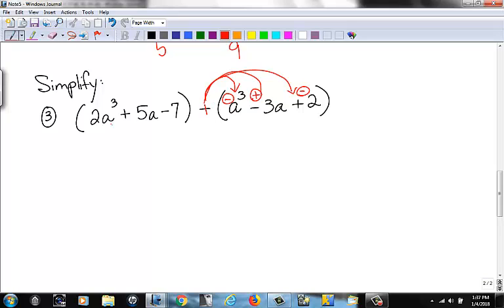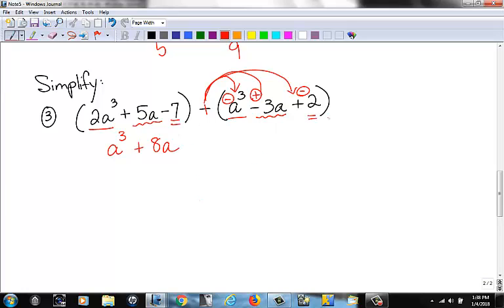Okay? So, 2a cubed plus a negative 1a cubed, just a cubed, plus 5a plus 3a, the variable stays the same. I'm just simplifying like terms. So I'm simplifying this one to this one, and then this one to this one.